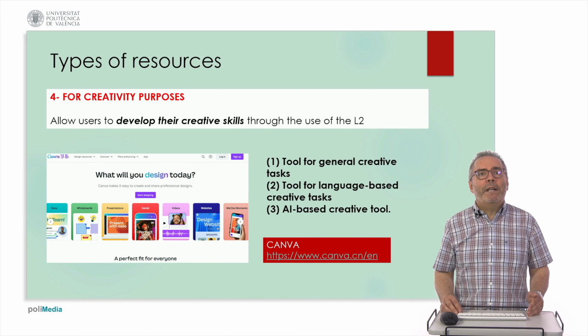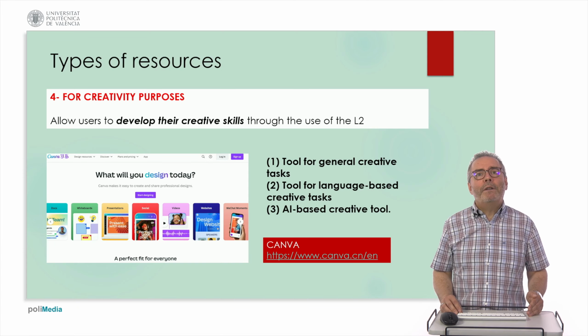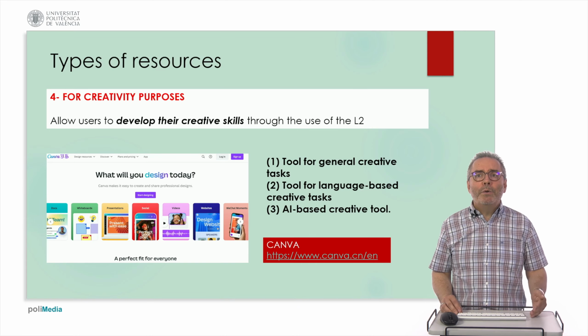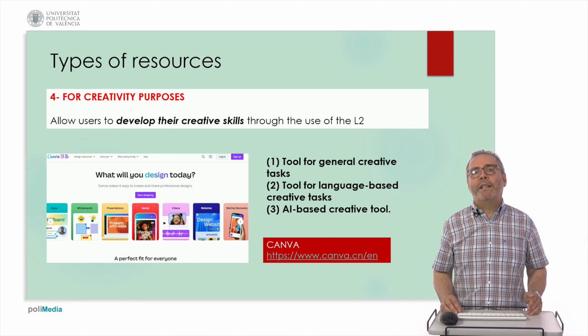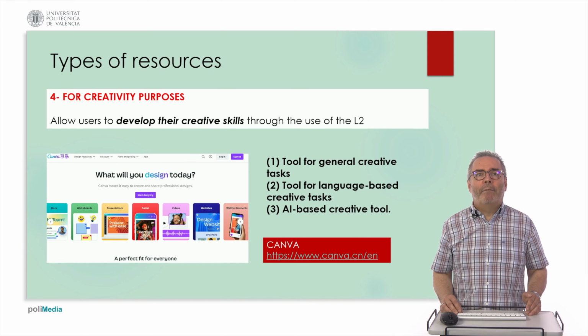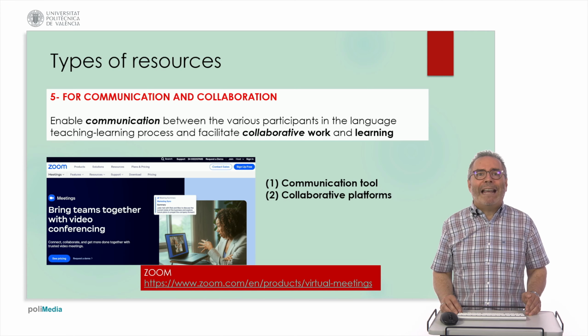The next type is resources for creativity purposes. They allow users, students mainly, to develop their creative skills, but using the L2, and thereby improving this second or foreign language. Here we have some subcategories, and Canva is a good and popular example of this type. Fifth, we have resources for communication and collaboration.